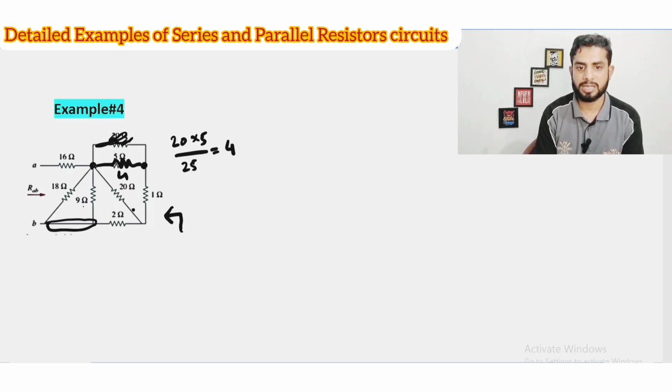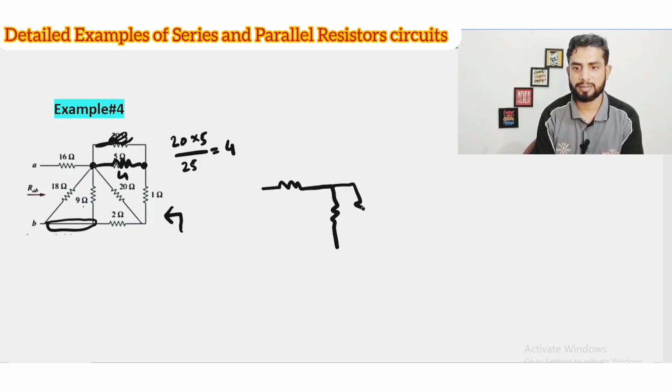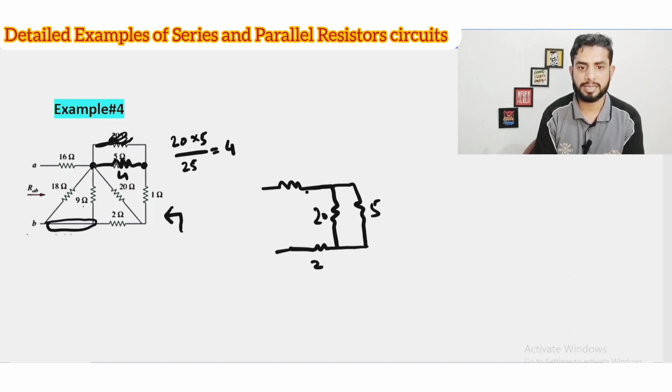It means 20 and 5 will become parallel. So 16, 20 and 5, 25, and after that these were in parallel, and after that this is a 2 ohm resistor, and 9 and 18 will be connected here between the 16 ohm and 20 ohm joint.